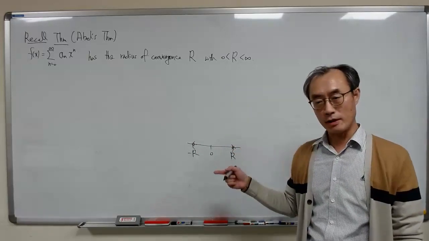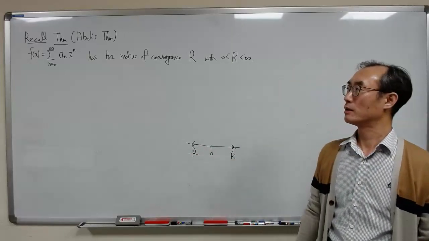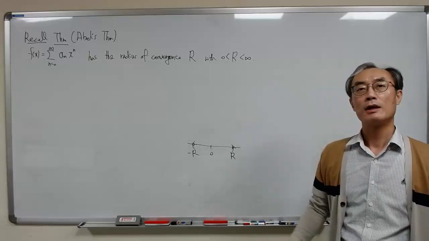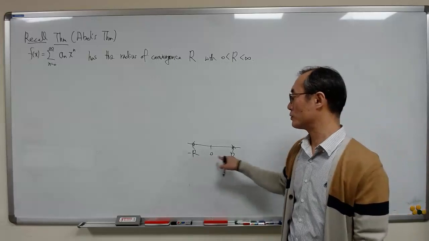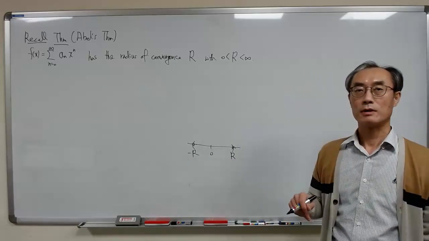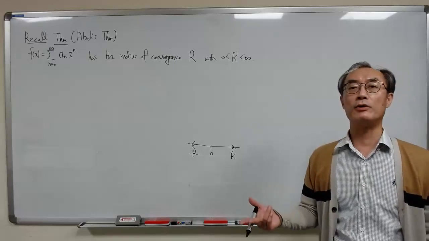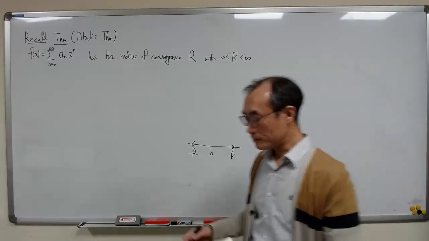We need to investigate the convergence at those two endpoints separately, right? And Abel's theorem tells us what happens if the power series converges at those two endpoints.